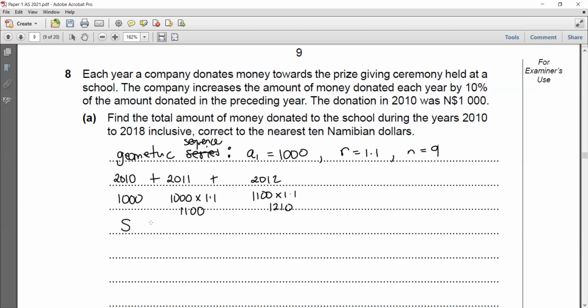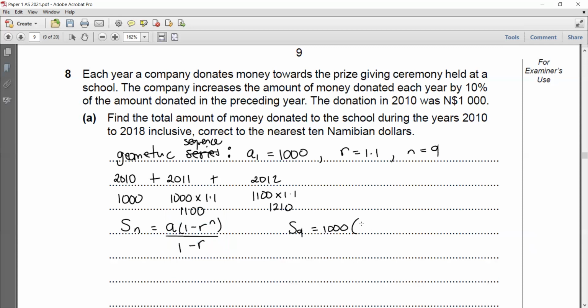So let me write down the formula. We know that Sn is given by A1 multiplied by 1 minus r to the power of n, divided by 1 minus r. So we're finding the sum of the first 9 terms. This is A1, so this is 1000.